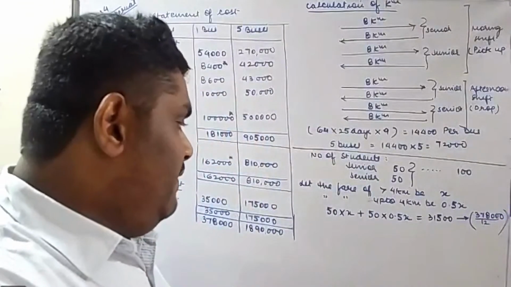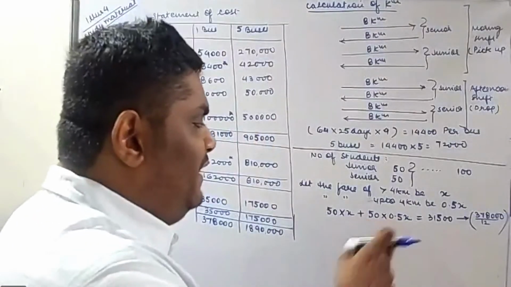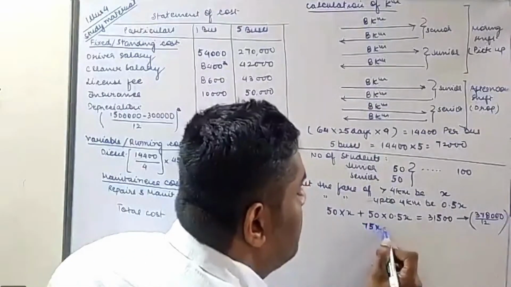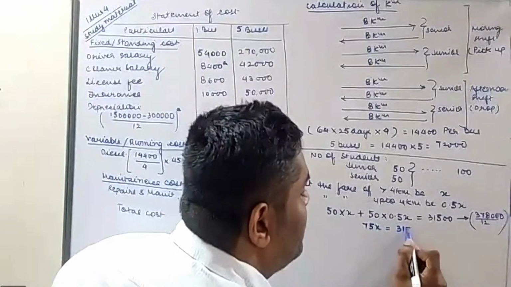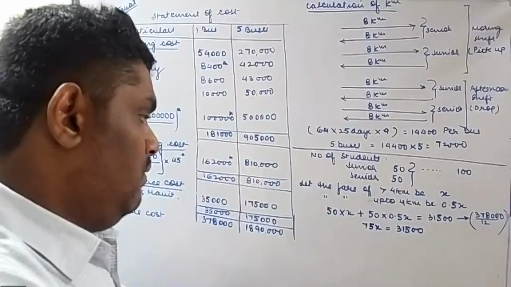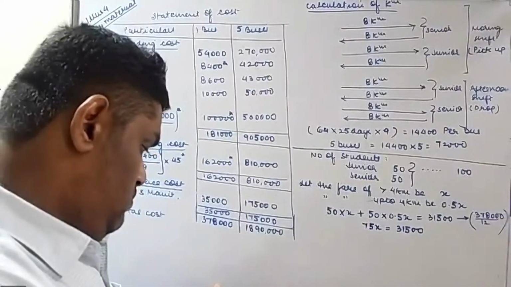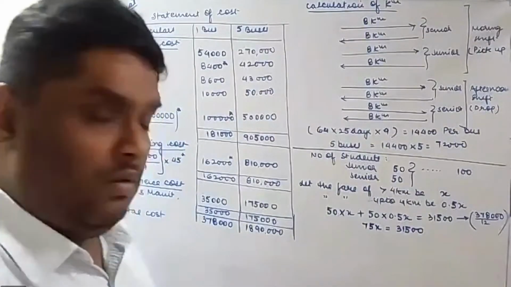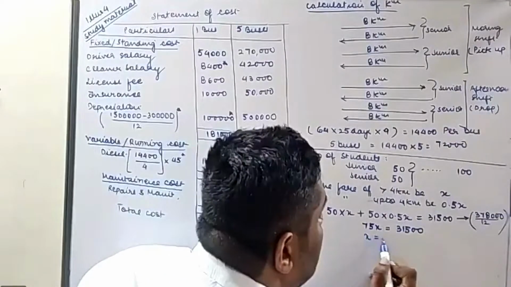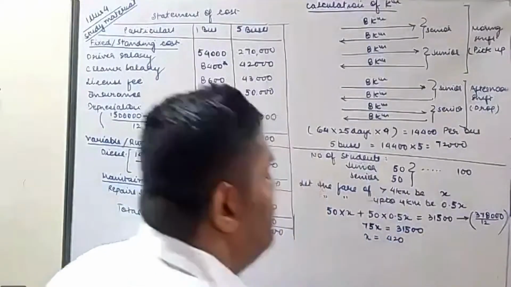So we can say 50 into x plus 50 into 0.5x. So this will be 75x is equals to 31,500. So the bus fare x will be 420.